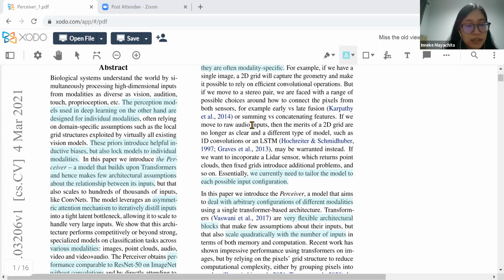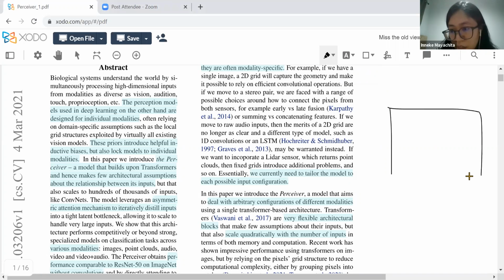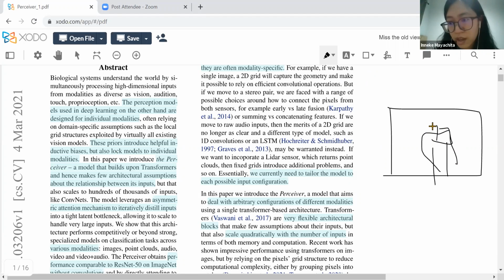The problem that this paper is trying to solve is that, first, a lot of deep learning architectures have inductive biases. For example, convolutional neural networks: in a picture, we assume each pixel has some sort of relation with the surrounding pixels.